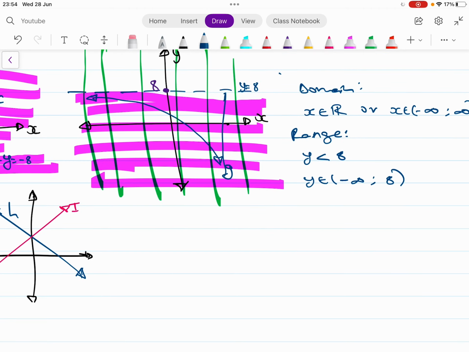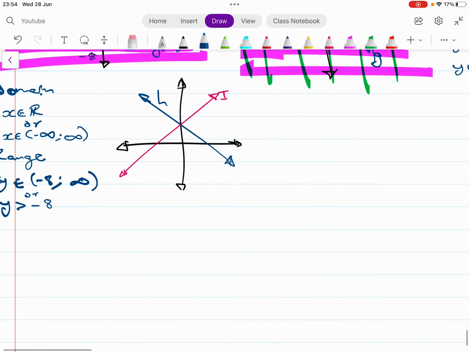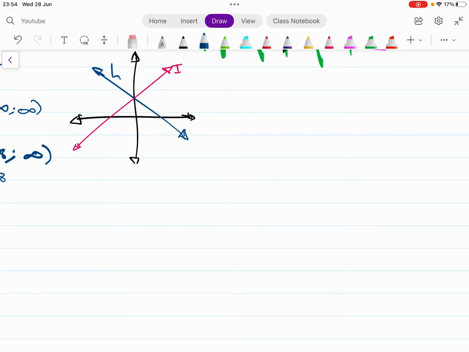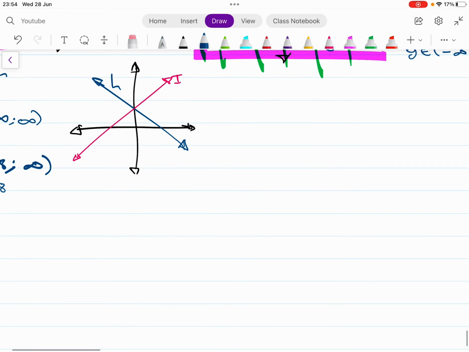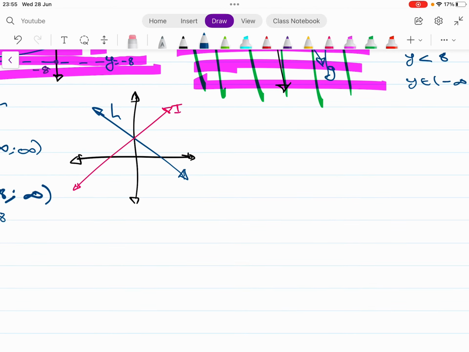We always use circular brackets for infinity, though I have no idea why. Okay, and then H and I. These are just straight line graphs, and the domain as well as the range for a straight line graph is always x is an element of real numbers for the domain, and y is an element of real numbers for the range.